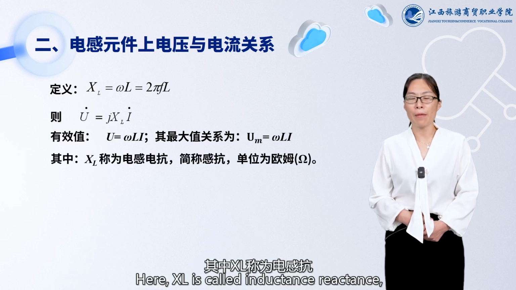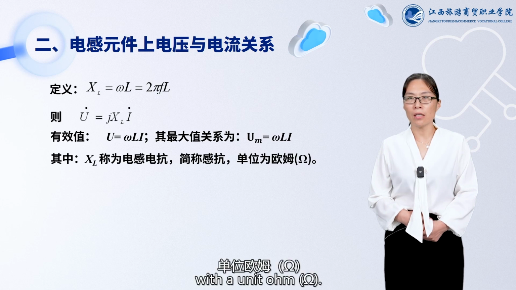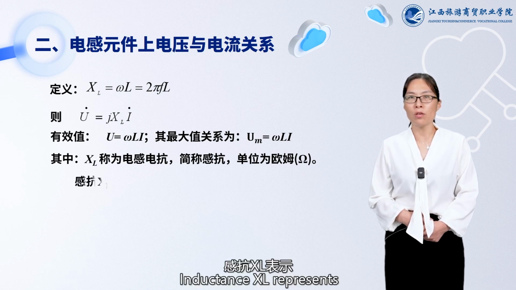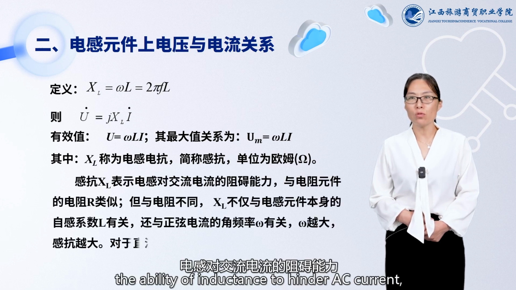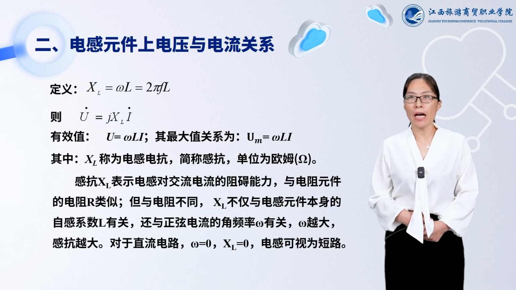Here, XL is called inductive reactance, with the unit ohm. Inductive reactance XL represents the ability of inductance to hinder AC current, similar to the resistance R of a resistive element.